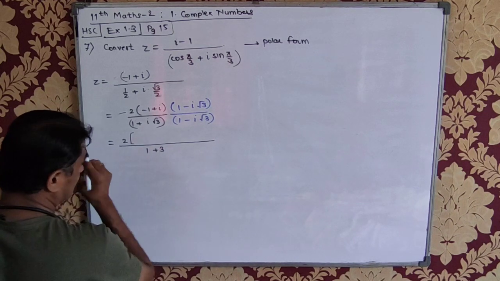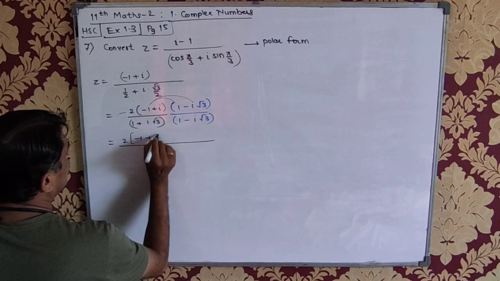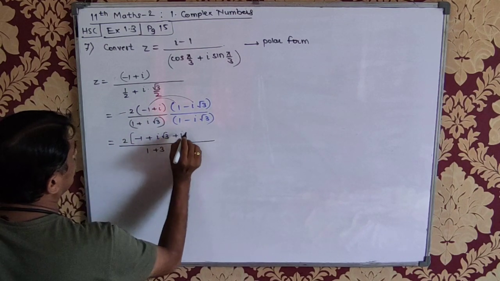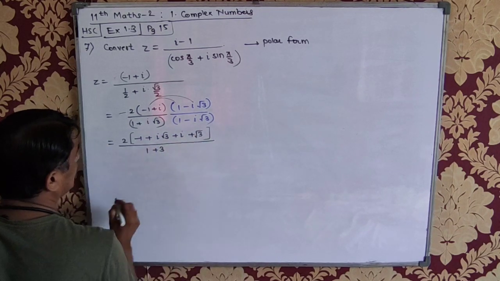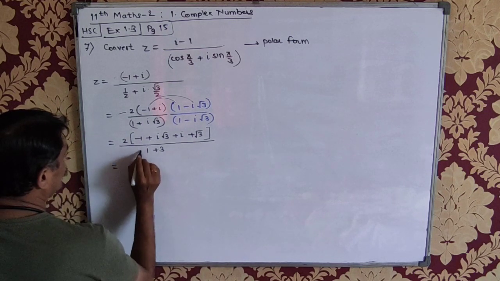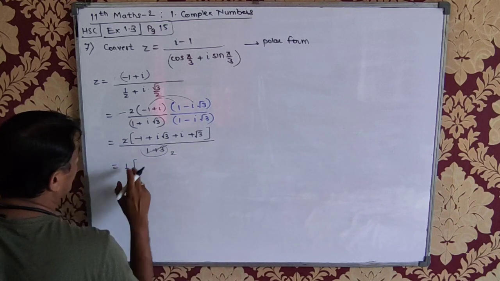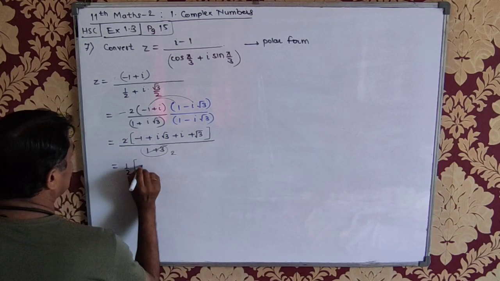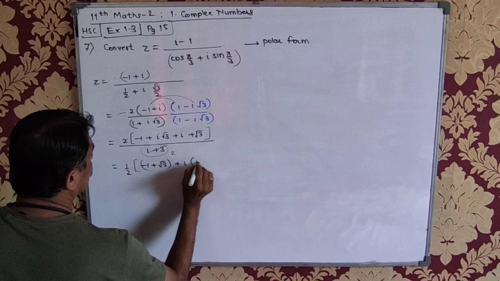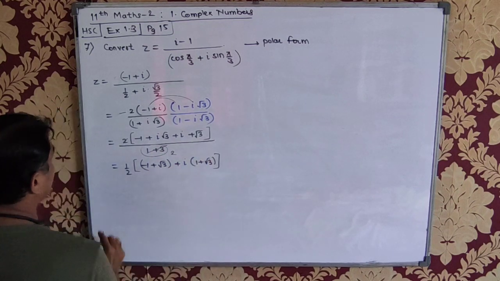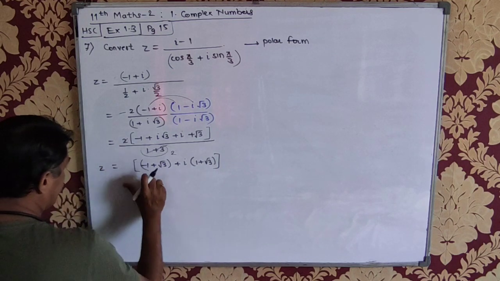This will become minus 1 plus i root 3 plus i minus i square root 3, so that becomes 4 in the denominator. 2 times 2 is 4, so this is 1 upon 2, into minus 1 plus root 3 plus i times 1 plus root 3. Okay, this is the form, Cartesian form.